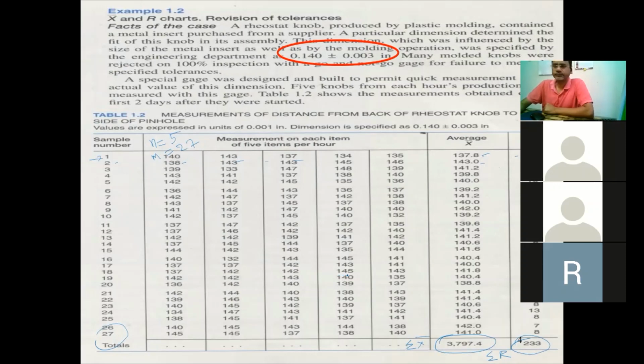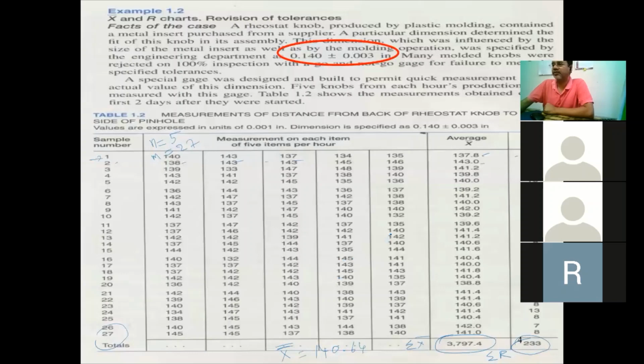Yes, it is 0.140 inches. Sir, I go by this 0.140. Okay, I agree with you.